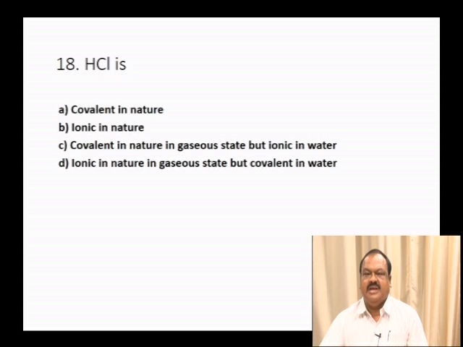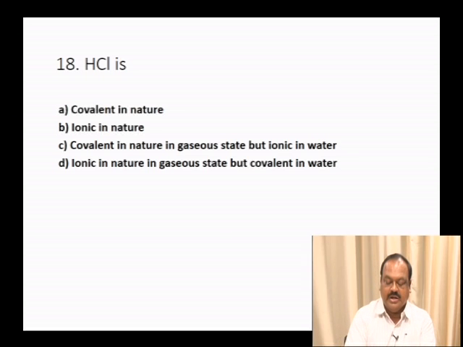Students, as you all know, HCl, if it is in the gaseous state, is called hydrogen chloride. When the same HCl gas is dissolved in water, we call it hydrochloric acid. This indicates HCl in gaseous state is covalent in nature, and when dissolved in water, it is ionic in nature.